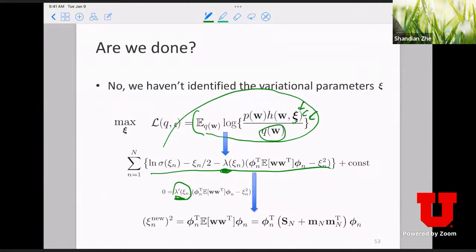Your optimal C is directly solved and has this form. Of course, this form is determined not only by the data, the input feature vector, but also by the current expectation of WW transpose, which is from Q of W. That's the whole procedure.